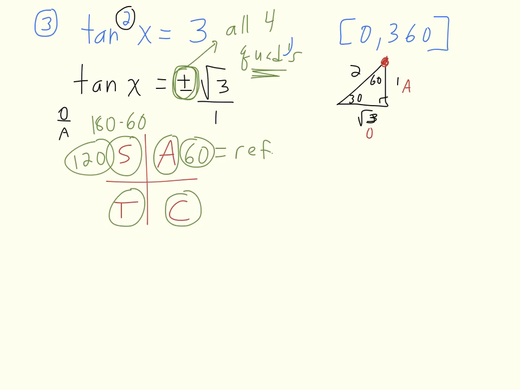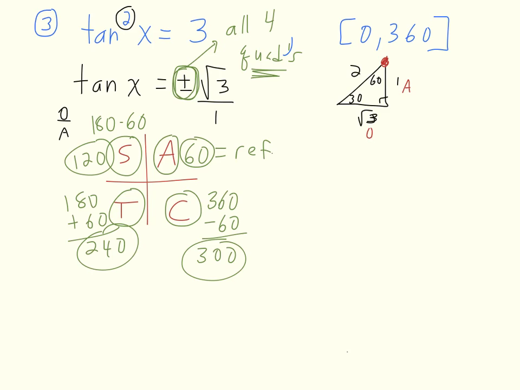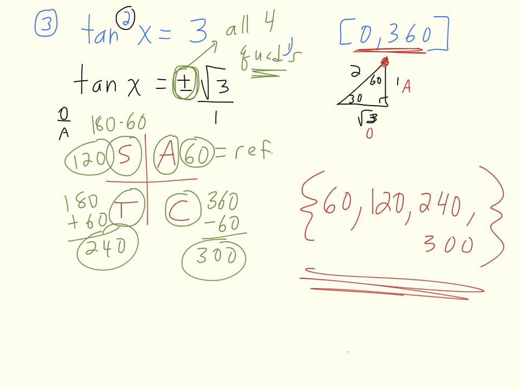In our third quadrant, we're doing 180 plus 60, so that's 240. And in our last quadrant, we're doing 360 minus 60, so that's 300. You don't have to show the 180 minus, the 180 plus, and the 360 minus. I'm sure you're capable of just doing that in your head. So from there, we're just going to list out our answers. Notice it says 0 to 360, so we don't need to change anything. So these would be our possible solutions to that equation.